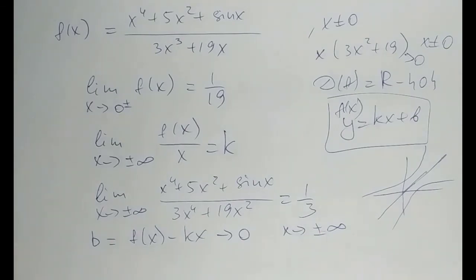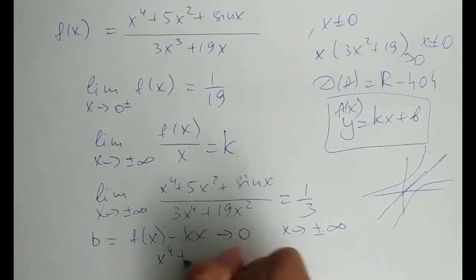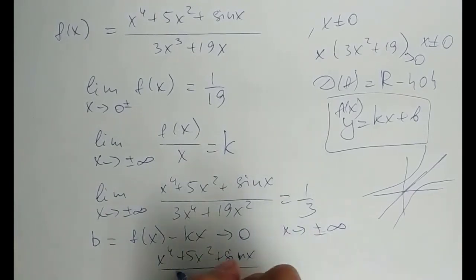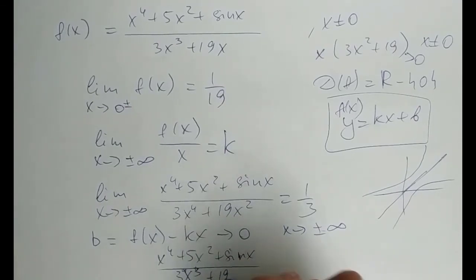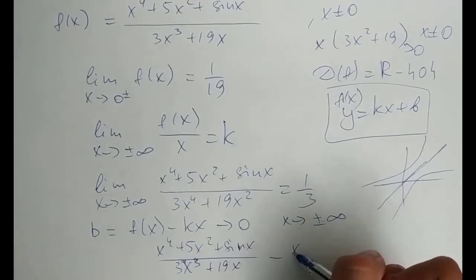If it is 0, our b is 0. And in our case, it tends to 0. You can see here, we subtract from f of x, which is x fourth plus 5x squared plus sine x over 3x cubed plus 19x, minus x over 3.